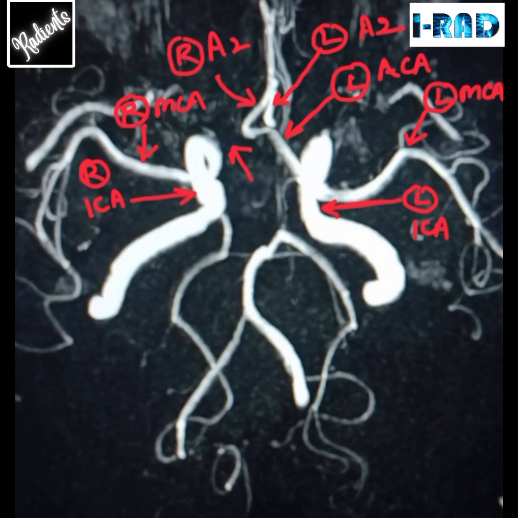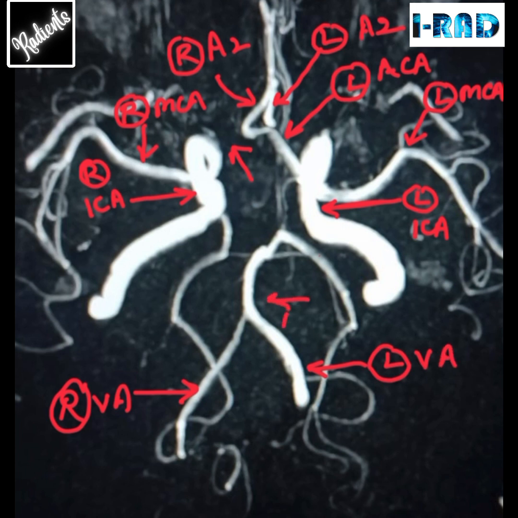If we look at the other variant anatomy that is present here, that is something related to the posterior circulation as well. So these are the two vertebral arteries. This is the right vertebral artery. This is the left vertebral artery, and here this is the basilar artery. These two small, thin branches here are the superior cerebellar arteries.